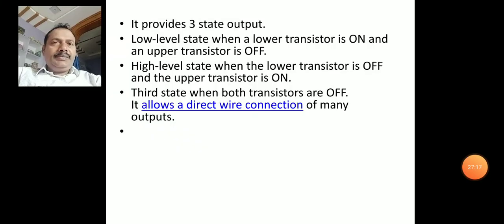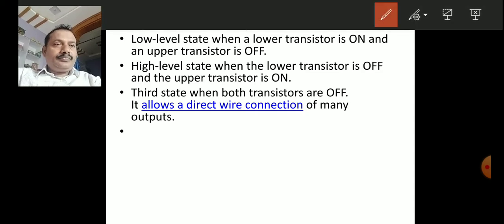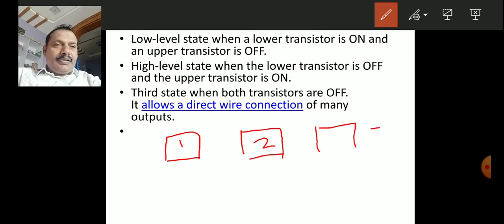Now let us see direct wire connection. For example, a common bus system is there like this. Device 1, device 2, device 3, like that.